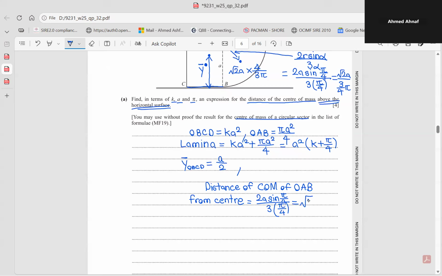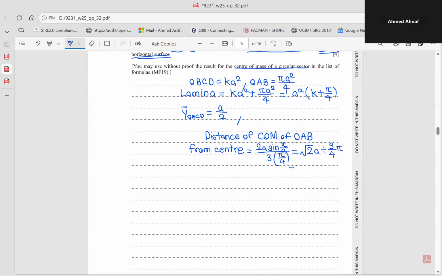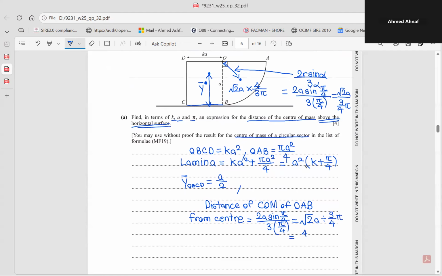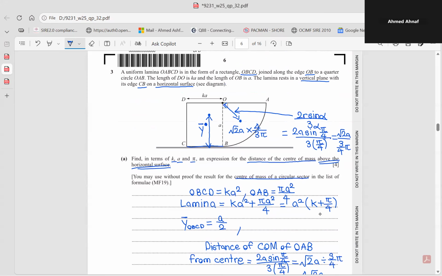That's square root 2 a divided by 3 pi over 4, which is just 4 square root 2 a divided by 3 pi. This is the distance.